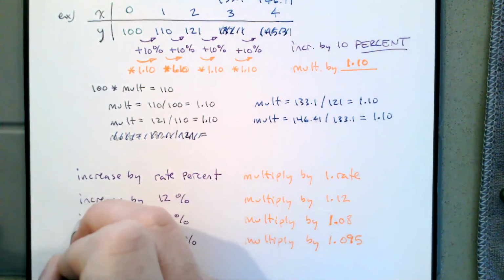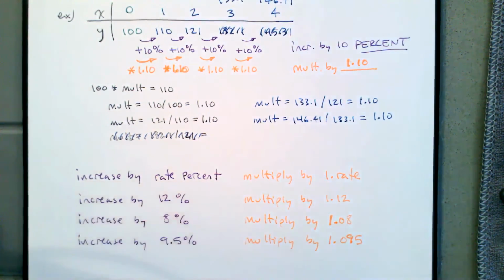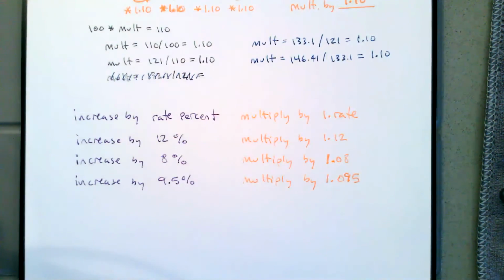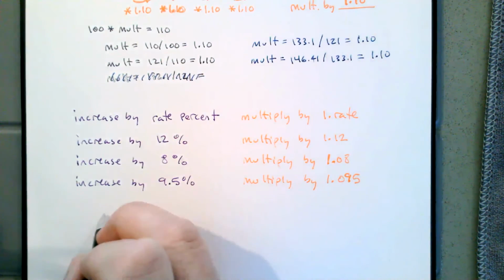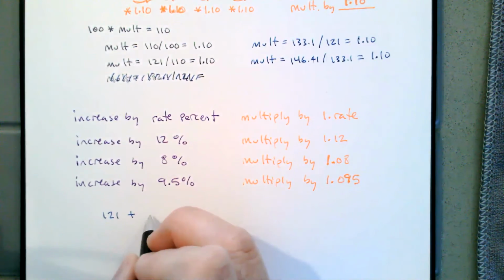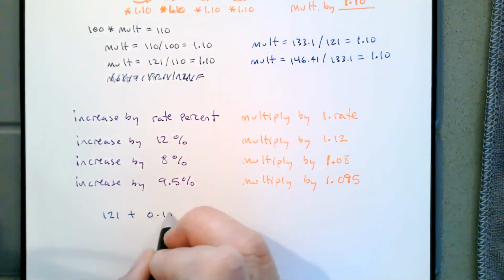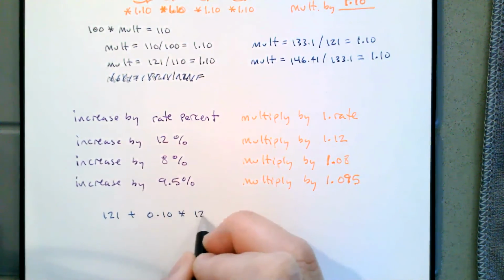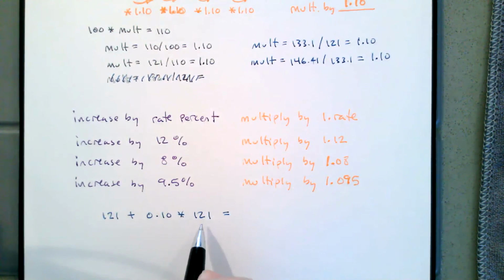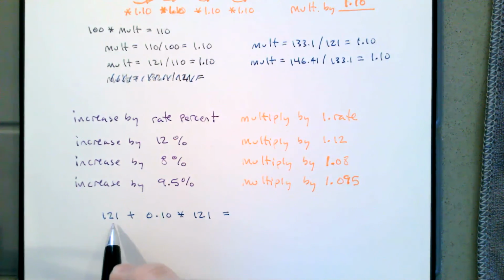The 1 means we're adding to what we already had. The 1 represents the amount that we always had. So if we start off with 121 and we want to add 10% of 121, I can factor out the 121. I can say there's a 121 times 1.